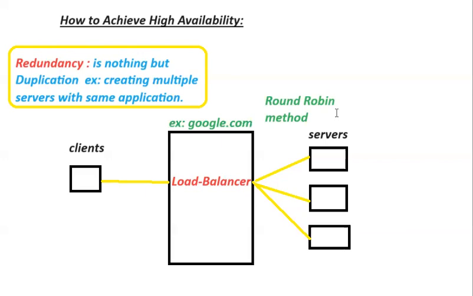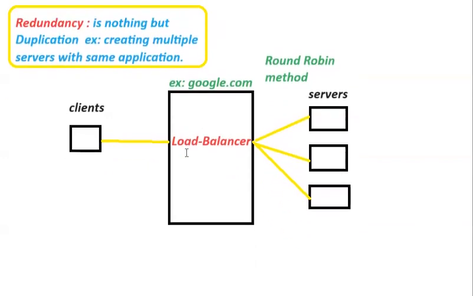Let's say one of my servers is not working. Now, what does my load balancer do? How does it know that a particular server is not working? So this load balancer must monitor whatever servers are present and check the health of the servers.